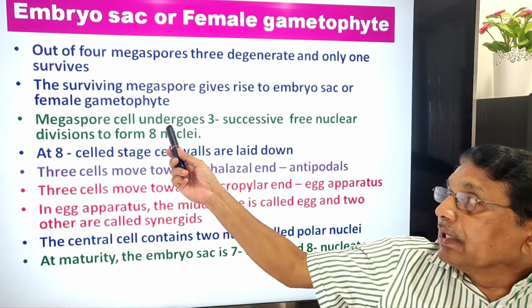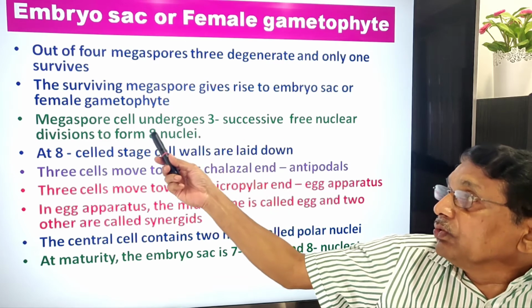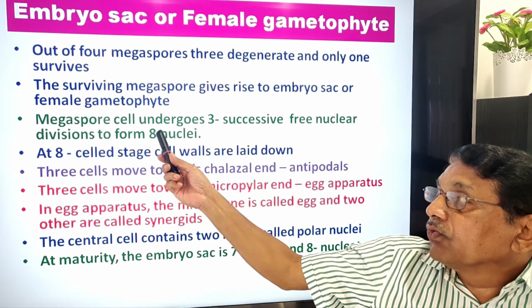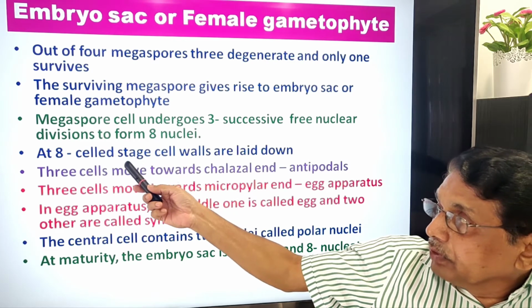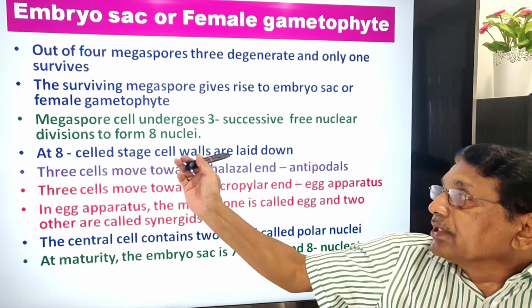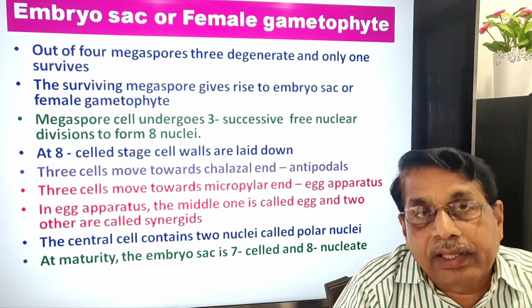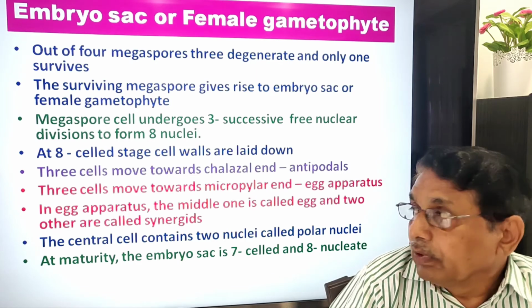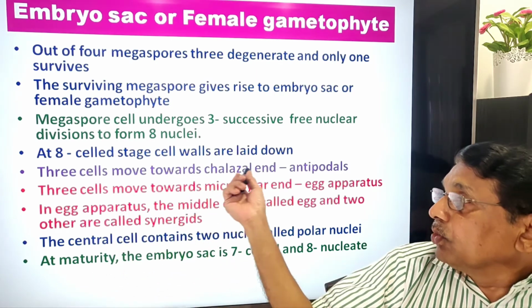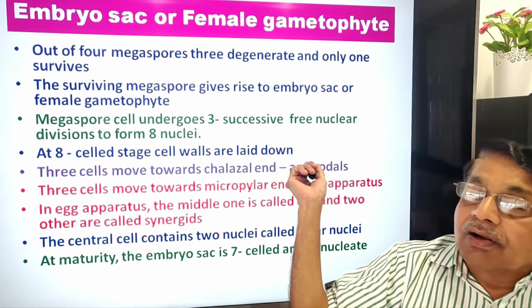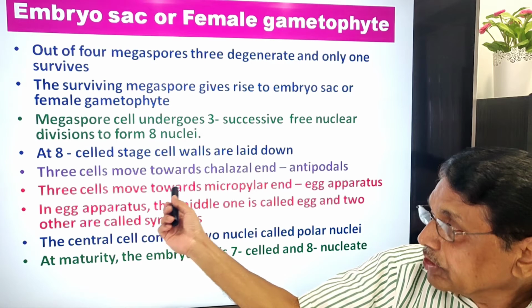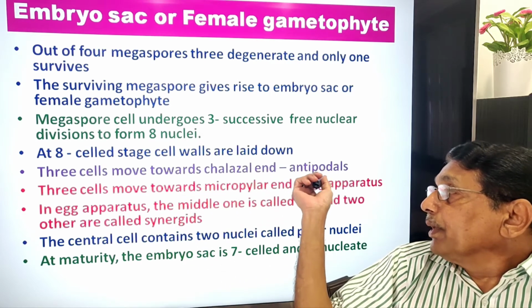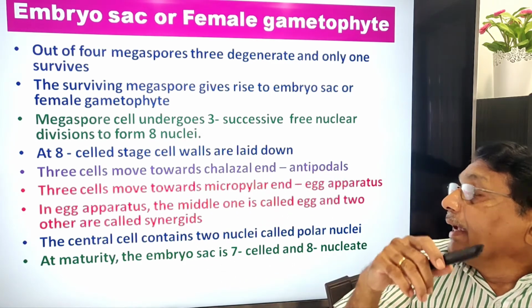The megaspore cell undergoes 3 successive free nuclear divisions to form 8 nuclei. Initially, 8 nuclei. At the 8-nucleate stage, cell walls are laid down around the nuclei. 3 cells move towards the chalazal end, called antipodals. 3 cells move towards the micropylar end, called the egg apparatus.